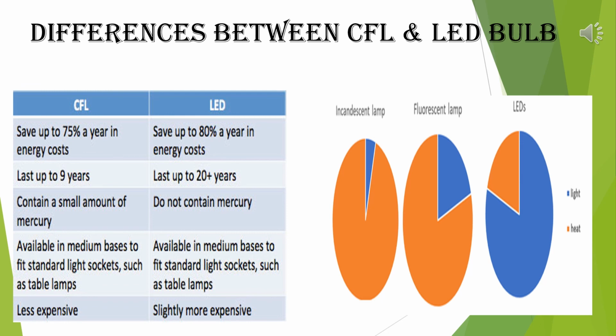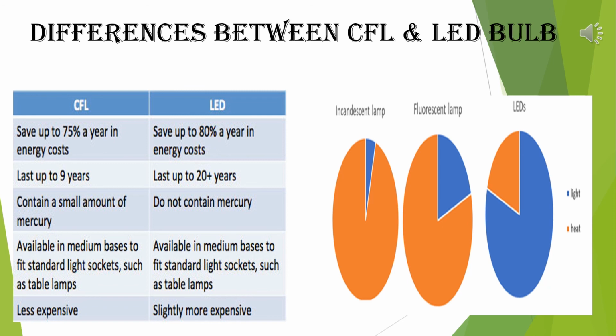LED do not contain any type of mercury. CFL available in medium bases to fit standard light sockets such as table lamps. LED available in medium bases to fit standard light sockets such as table lamps. CFL is less expensive. LED is slightly more expensive.